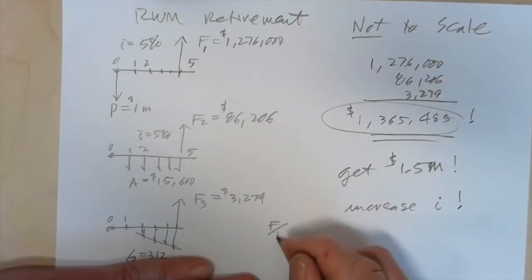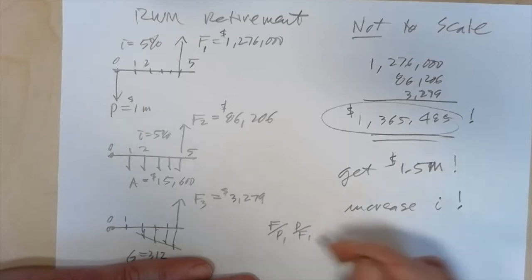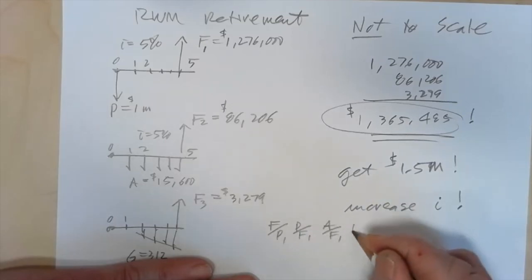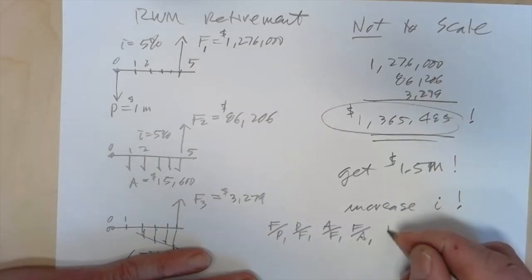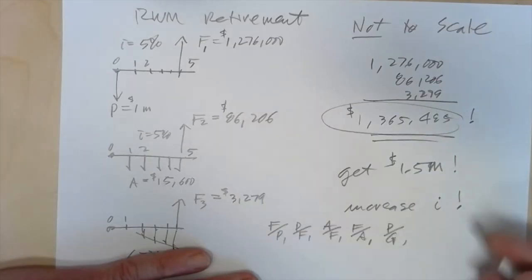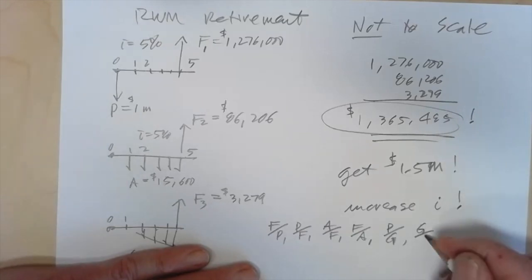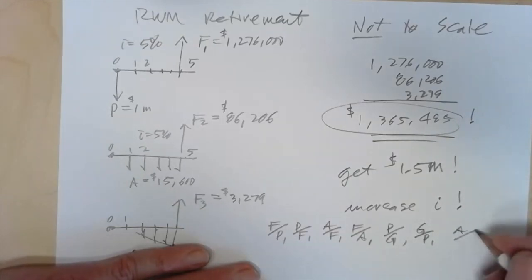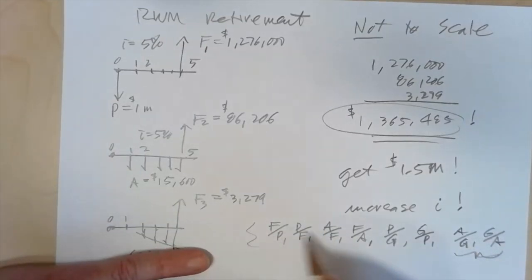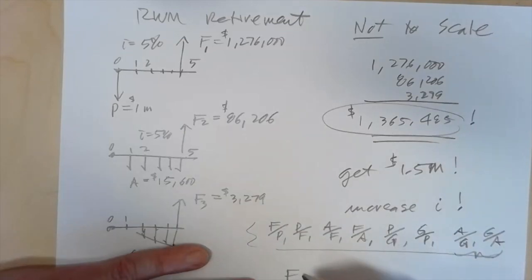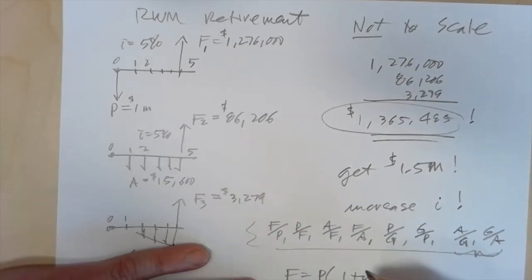We did an F over P, a P over F, an A over F, an F over A, right? We also did a P over G. There's also a G over P. There's also an A over G and a G over A. Those are not used too commonly, so I won't review those right here. So we have covered all of that, plus our basic equation here.